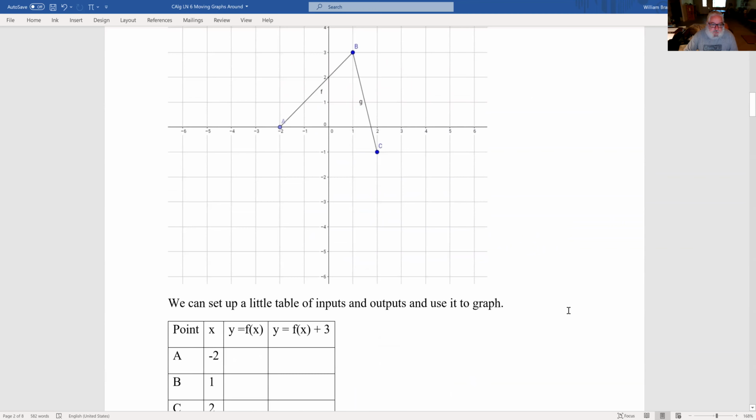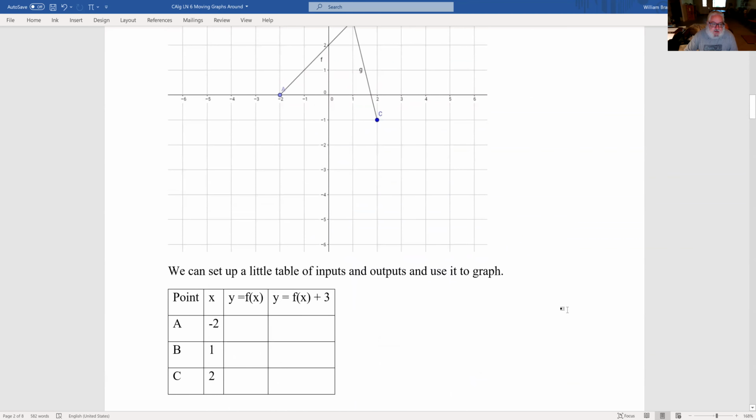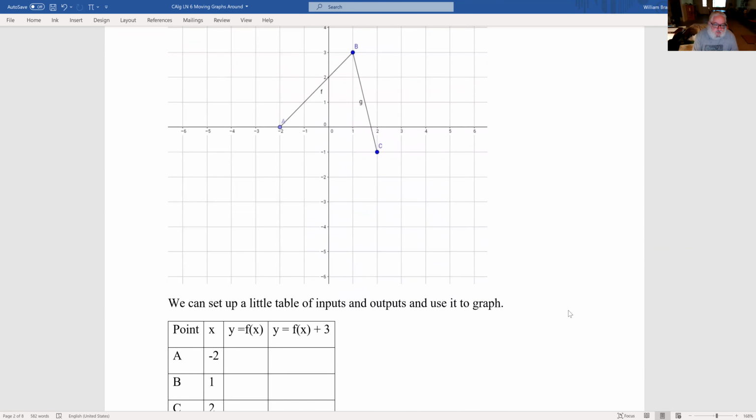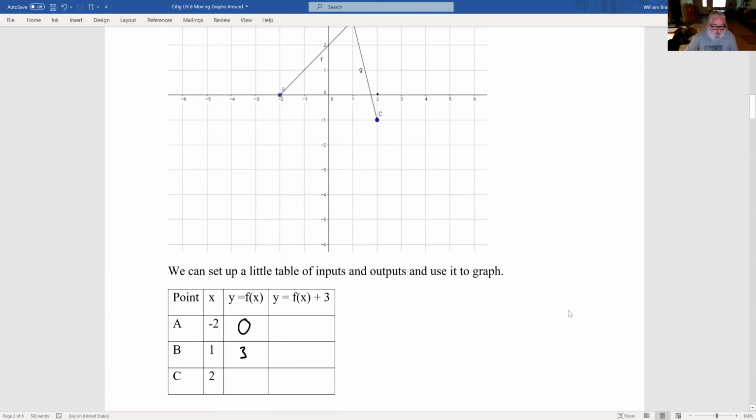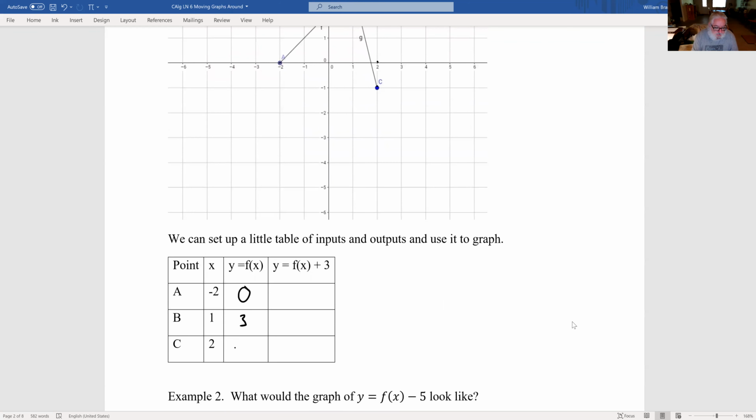So there's a graph. We can set up a little table of inputs and outputs. When x is -2, then y is 0. When x is 1, y is 3. And then when x is 2, y is -1. And those are 3 points. So we're adding 3 outside of the function.